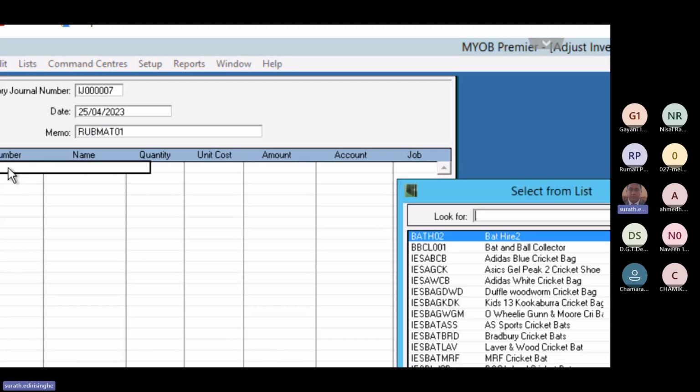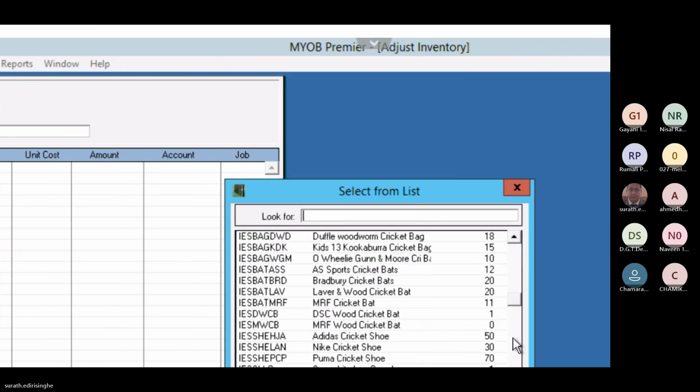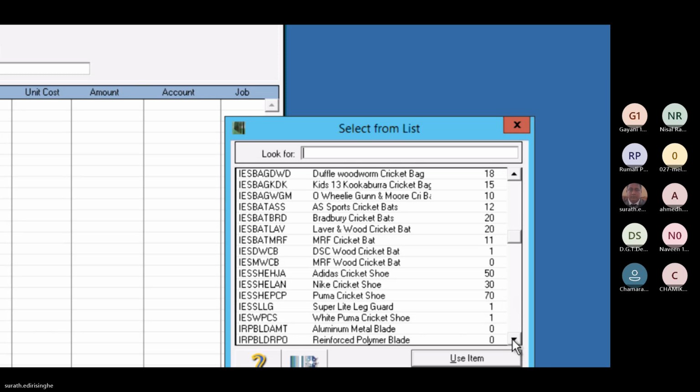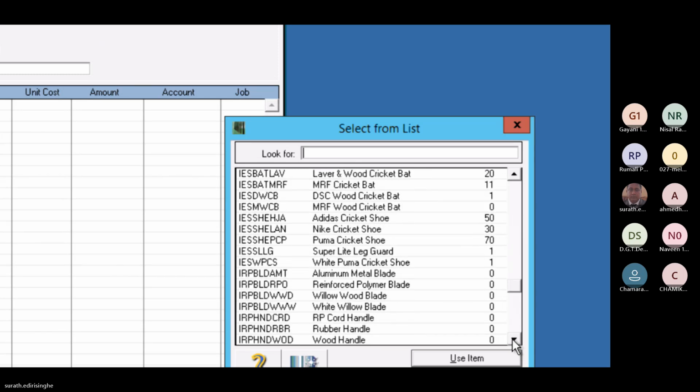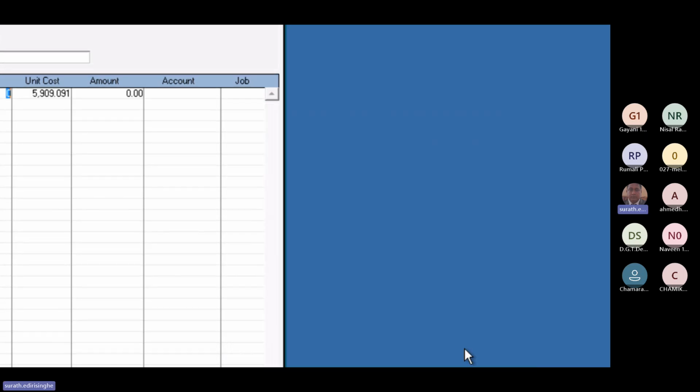Select the item, rubber mat. Now 10 quantities there. Use this item. Then remove your inventory minus 10.